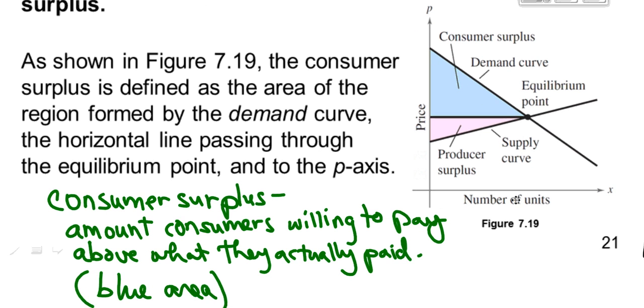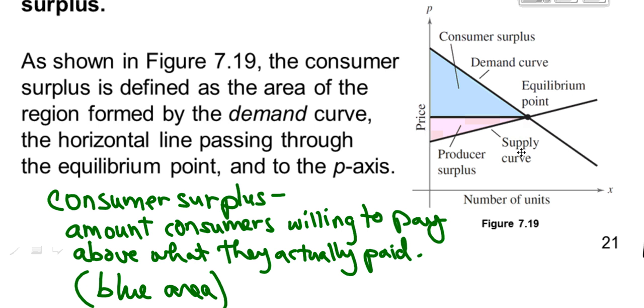So here's a nice little picture about that. You can see the consumer surplus is that little blue, the producer surplus is the pink there, and the equilibrium point is that special point where everything balances out.